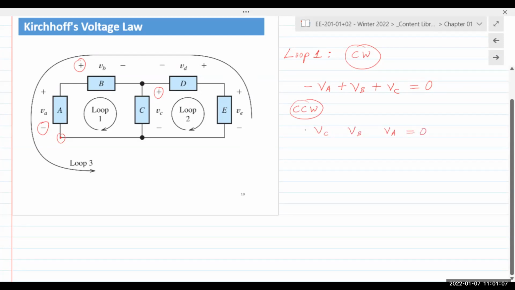And this time, VC is minus, VB is minus, and VA is plus. So I'm starting at this bottom left corner and going in a counterclockwise direction. So I got minus, minus, and plus. Exact same equation, no difference. Same mathematical expression. So again, doesn't matter what we choose, your equation will always remain the same.